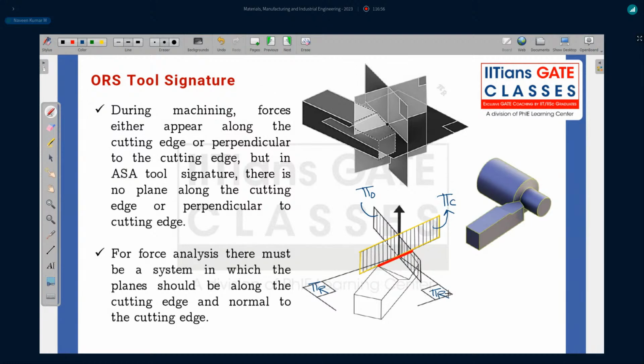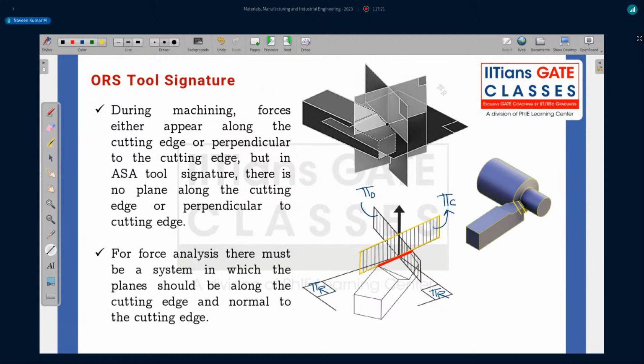Okay. So instead of pi X and pi Y, we are making them pi C and pi O. So that is the only and major difference. Okay. So we have some cutting forces like this. We have some cutting forces like this.